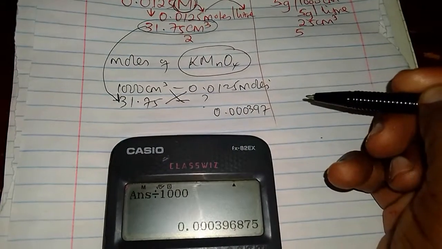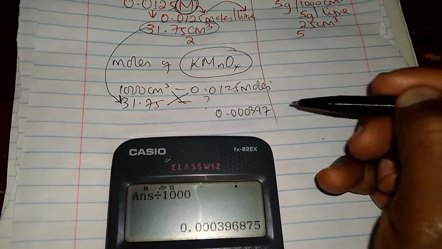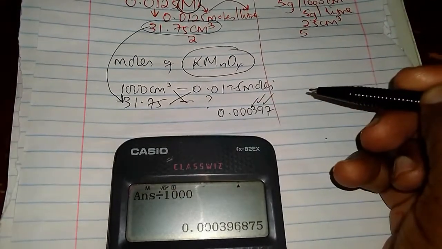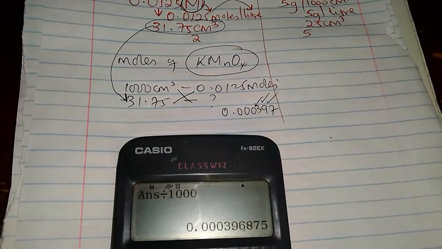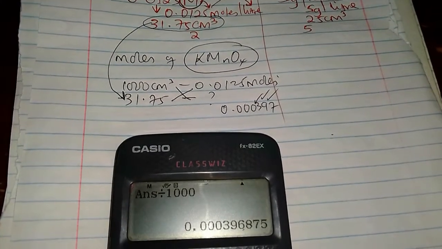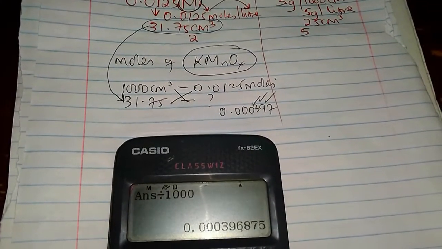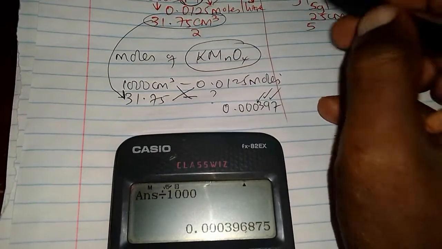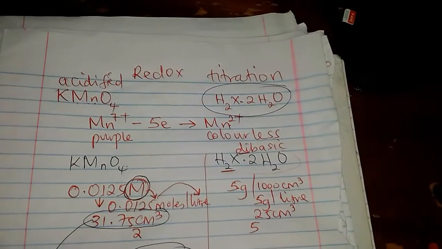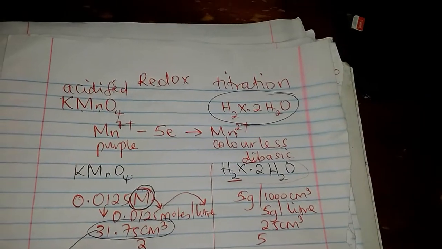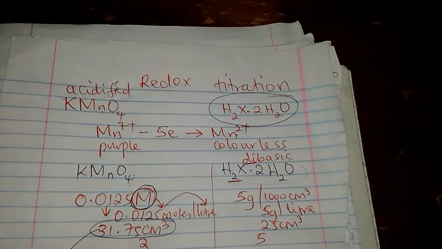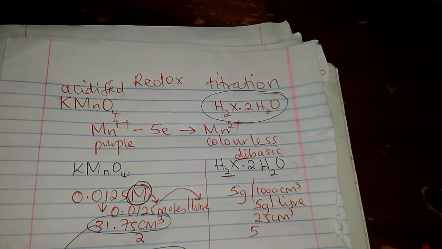Those are the moles that reacted, 0.000397 to 6 decimal places. After I'm done with that part, I can get the moles of the acid, the dibasic acid, that reacted.